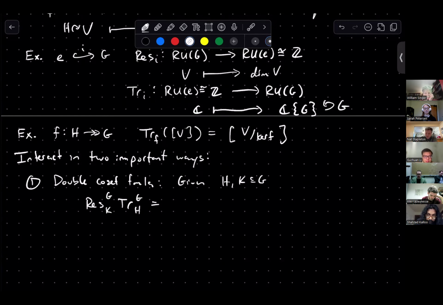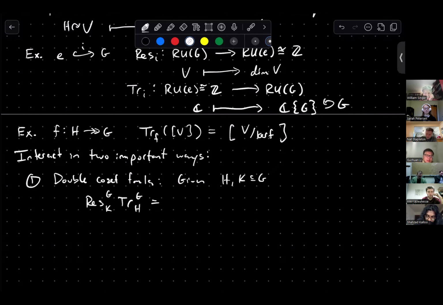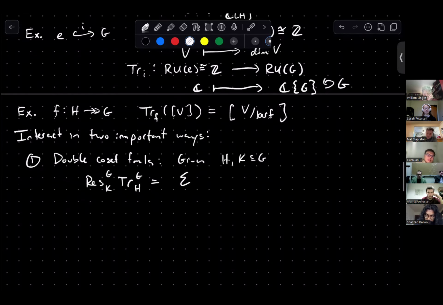So the formula is a little bit annoying. Most people will prefer not to write it down, but I think I'll do it one time here.